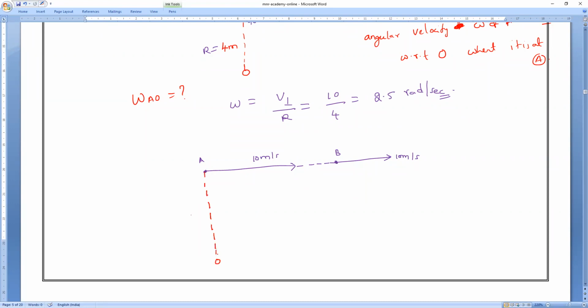Now it reaches what point? Everybody, B. At point B, if you notice, you can see that the angle with respect to point B is 37 degrees. What is the angle here, everybody? 37 degrees. 37 degrees. You all know, very familiar.